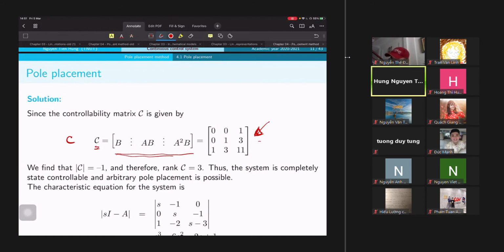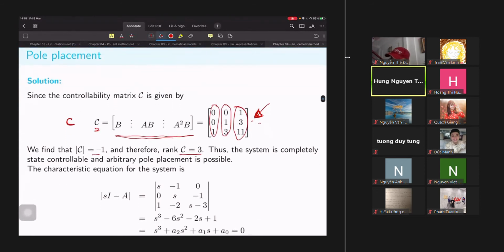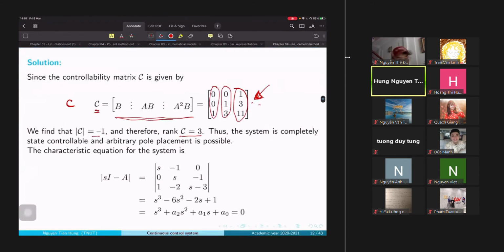Now we check the determinant of this. The determinant is -1, and the rank of C is 3, meaning that all of these vectors are independent.